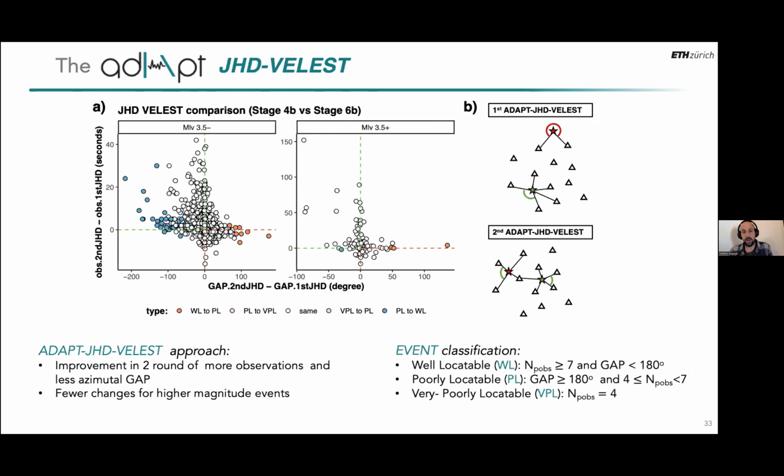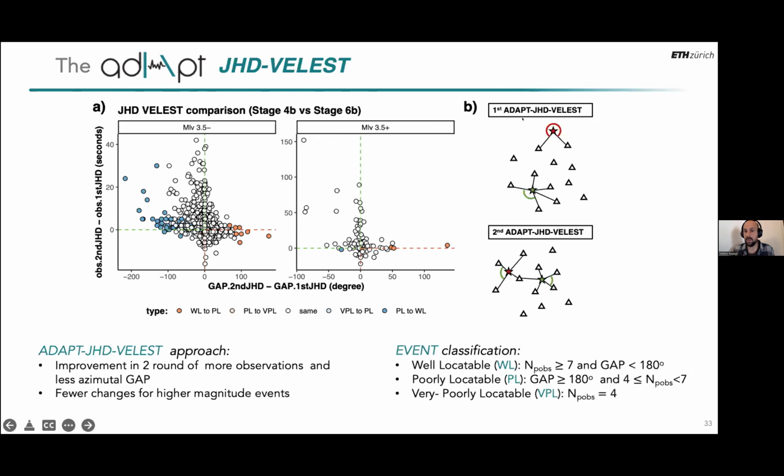In the different color, the blue circles also show the increase of quality of an event coming from a poorly locatable classification in the first round, increased to a well locatable classification in the second round.